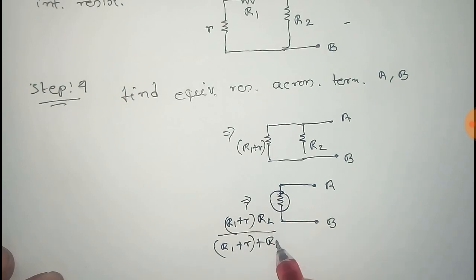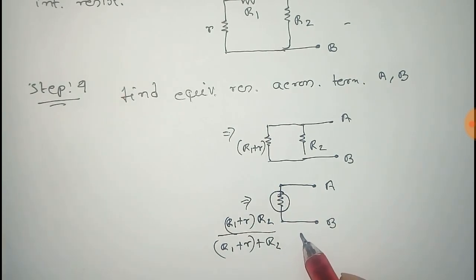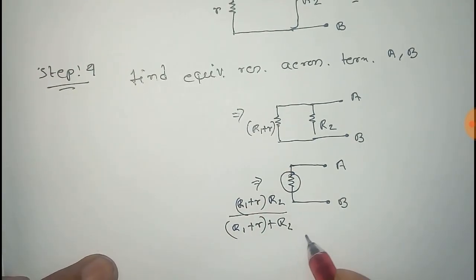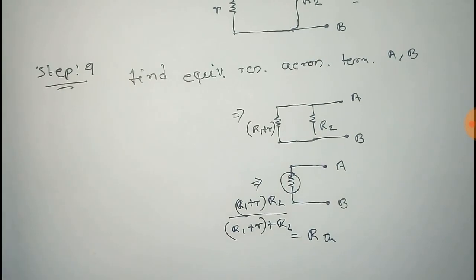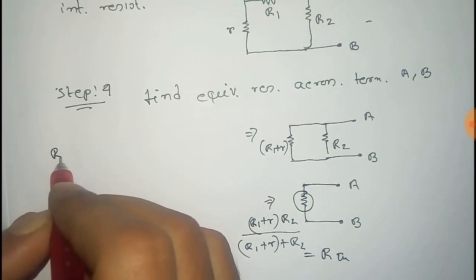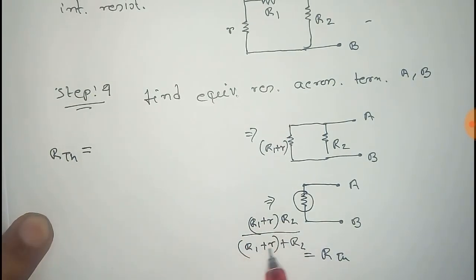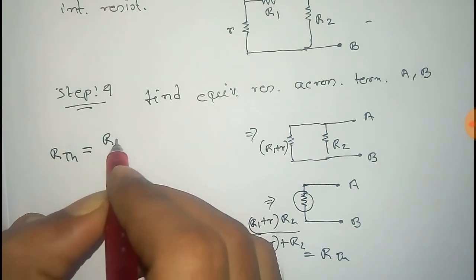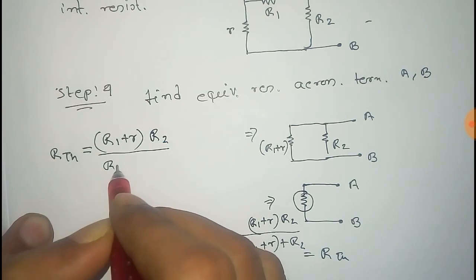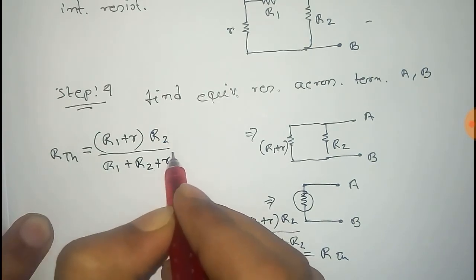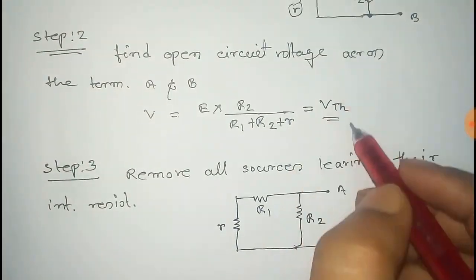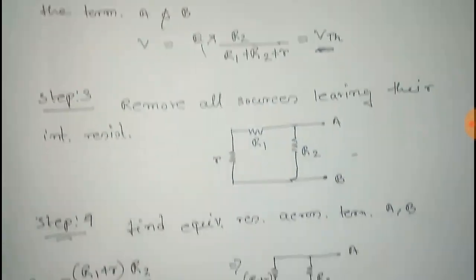And this resistance across terminals A and B is called the Thevenin resistance, that is RTH. Thus, in this way we get the Thevenin resistance, RTH, that is R1 plus r into R2 by R1 plus R2 plus r, and we get the Thevenin voltage there. So that is the Thevenin voltage.